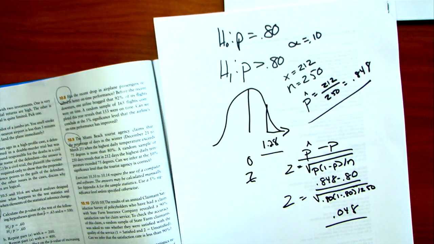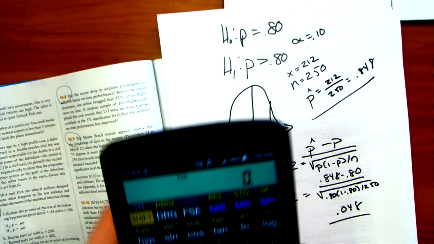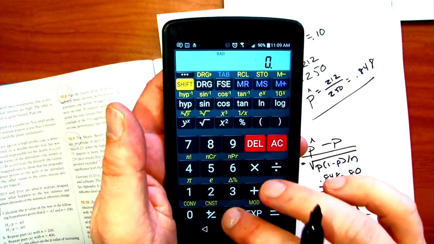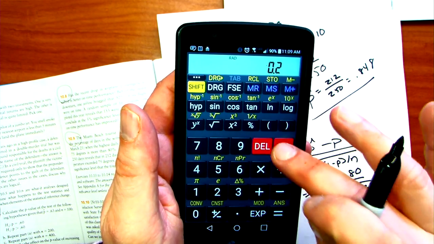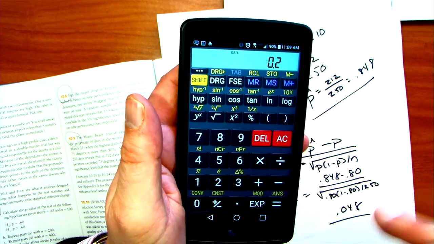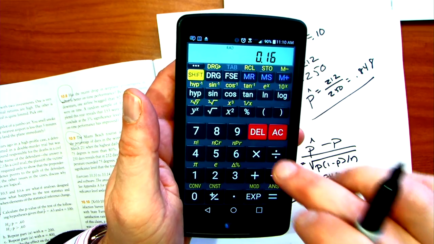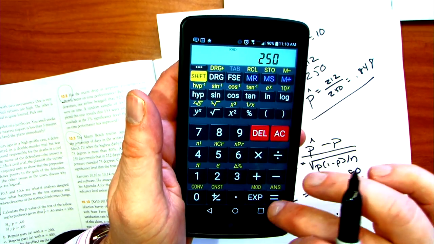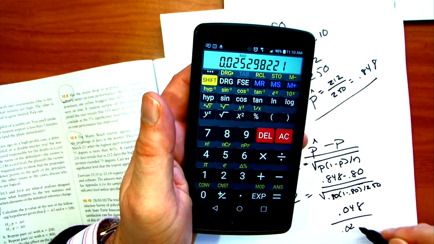And the denominator, I have a little work to do. 0.80 times 0.20, because 1 minus 0.80 is 0.20, divided by 250, take the square root of that whole thing, I get 0.0253.